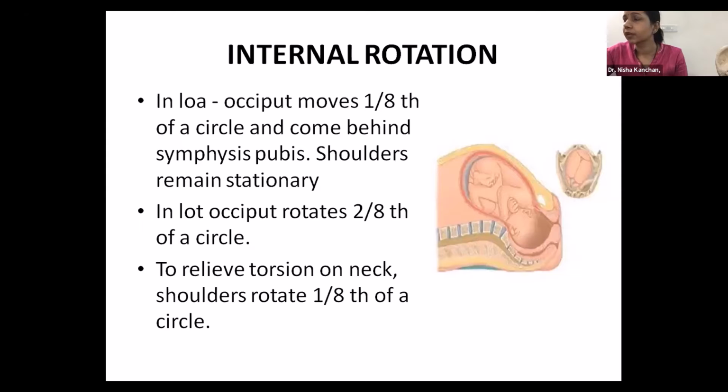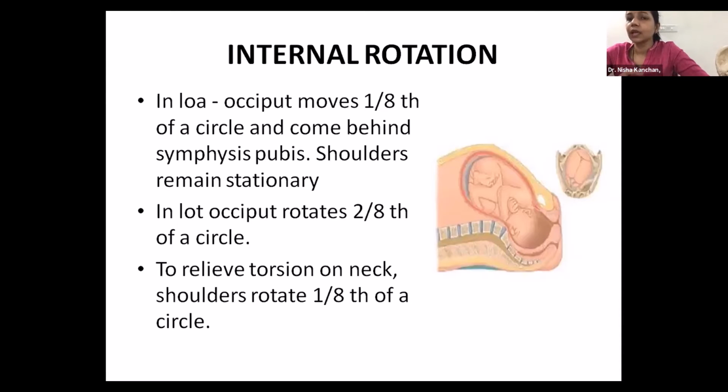When there is a 45-degree movement in the head, there is no movement at the level of the shoulders. The shoulders are comfortable. The neck has no torsion because the neck can sustain a torsion of 45 degrees. Shoulders do not move in LOA position. In LOA, the occiput moves 1/8 of a circle and comes behind the symphysis pubis. Shoulders continue to remain stationary.